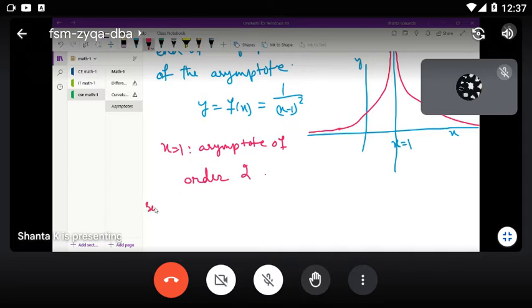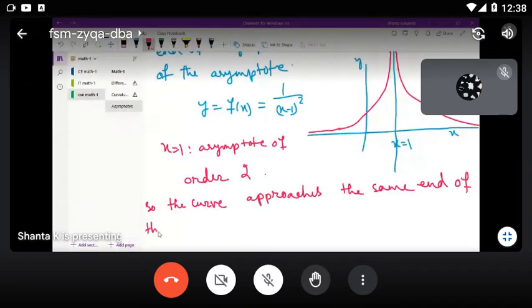So the curve approaches the same end of the asymptote x equals 1.